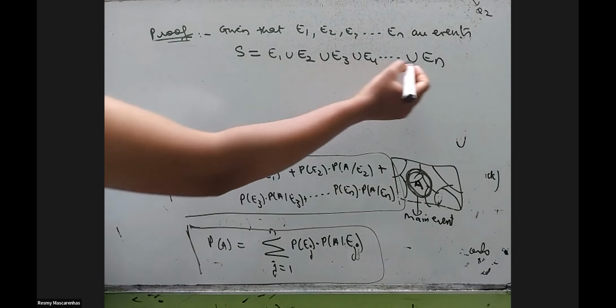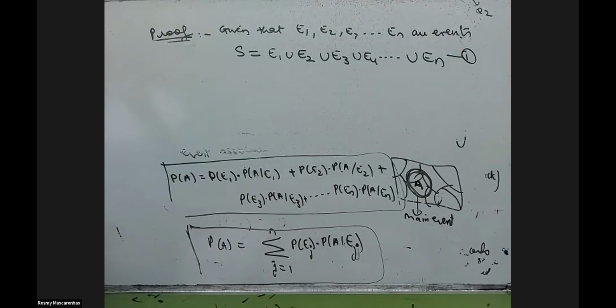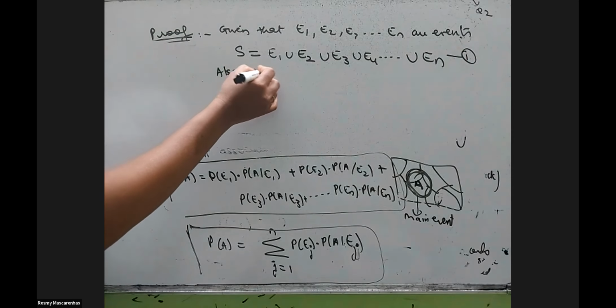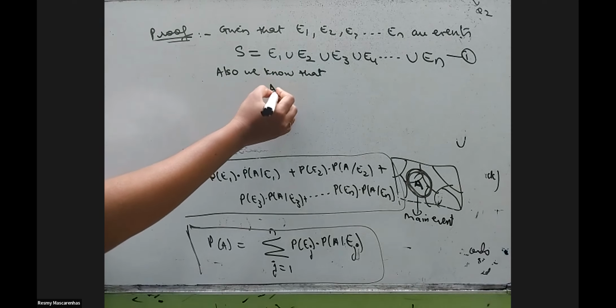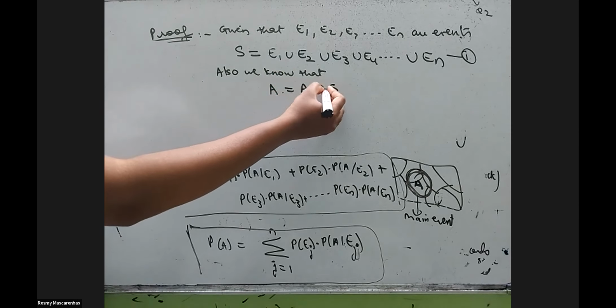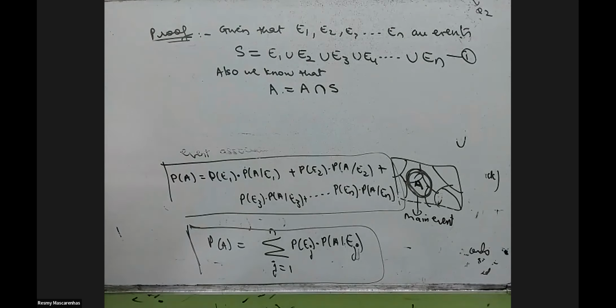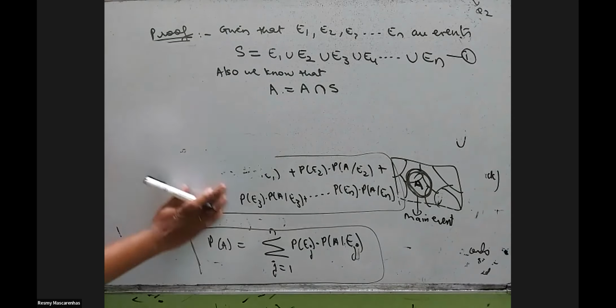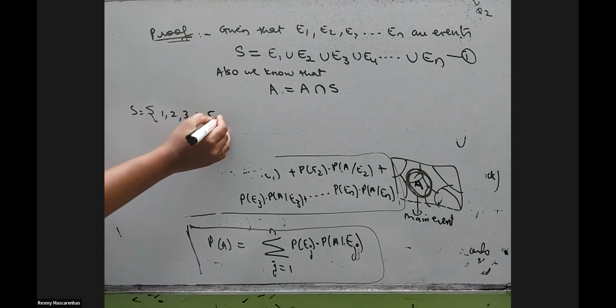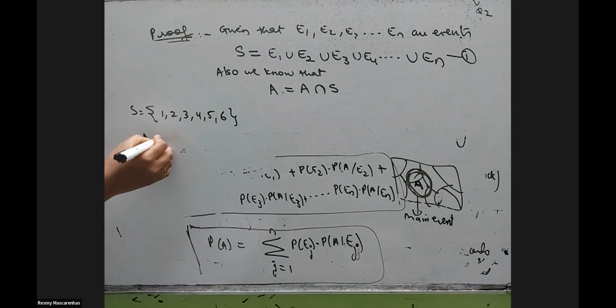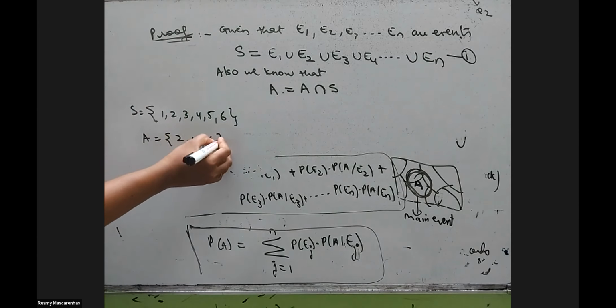Okay, so this is the first one, equation 1. Also, we know that A is the same as A intersection S. If you take the common part with the sample space, just look at this. If the sample space is 1, 2, 3, 4, 5, 6, and A is, suppose, 2, 4, and 6.